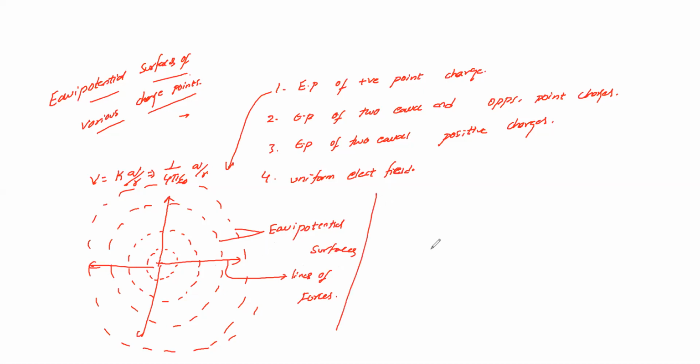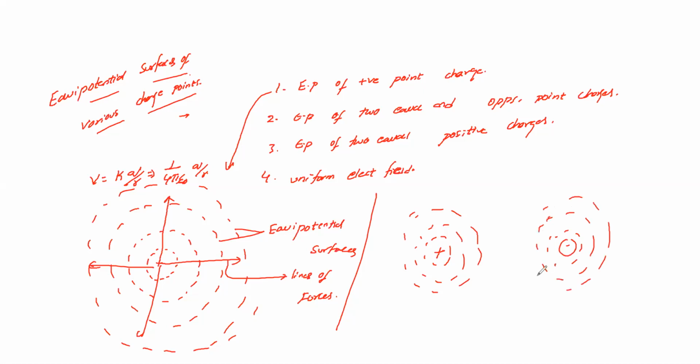Second point. Same thing, I'm taking a positive charge, which will have some equipotential surfaces around it. And when you place a negative charge, what will happen? It will attract, so the field lines will travel from positive towards the negative, going in all directions like this.